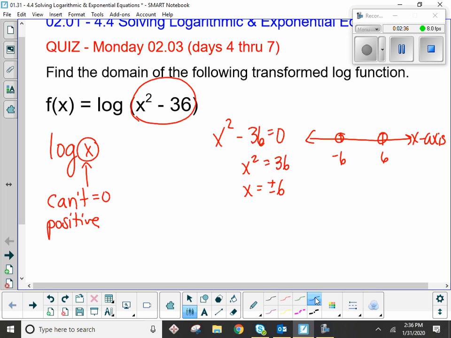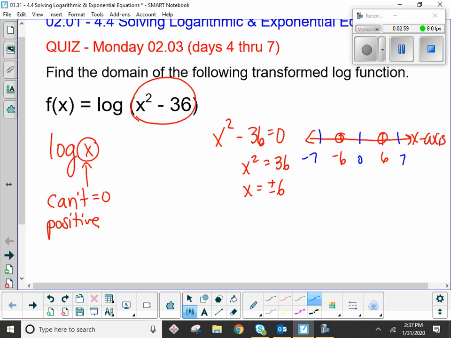And then we need to know which other x values will keep it positive. We don't have to test every single x value that exists because that is a never-ending job, quite literally. All we have to do is test one in each section. Like we can test negative 7 here, 0 here, and 7 there.